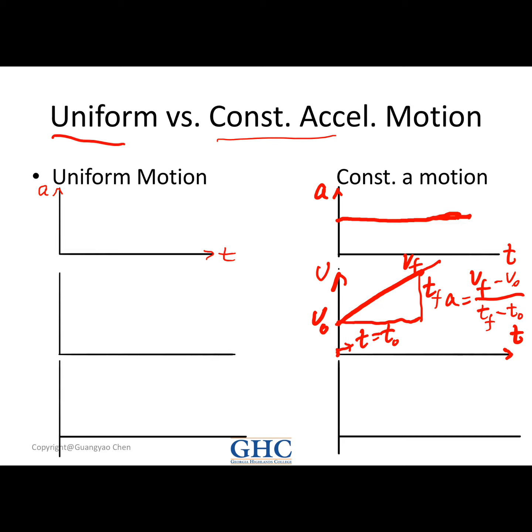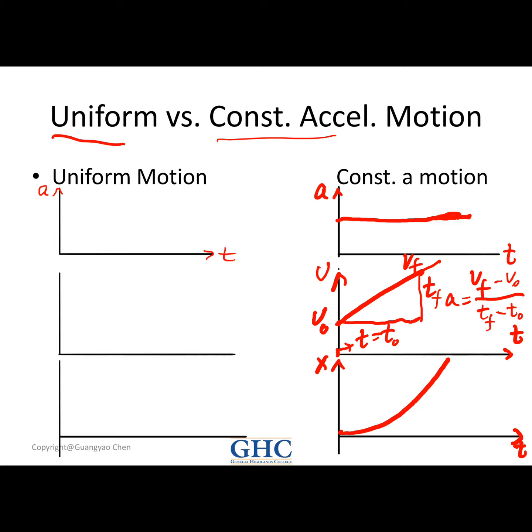That's constant acceleration motion. Now the position versus time plot for constant acceleration should be a quadratic curve, parabolic.